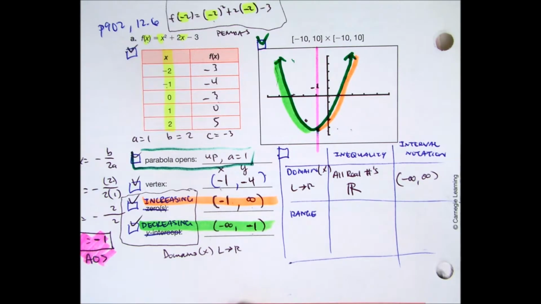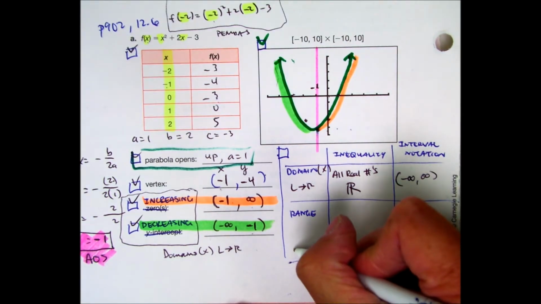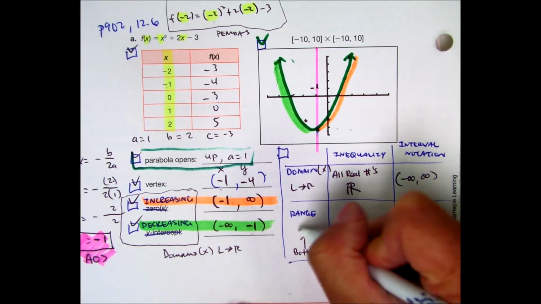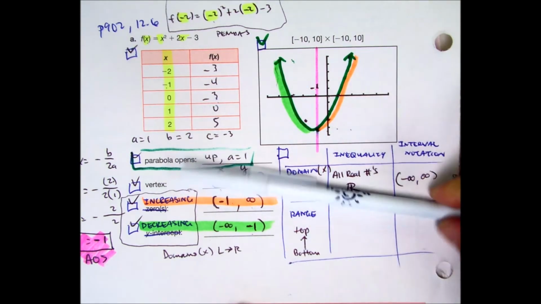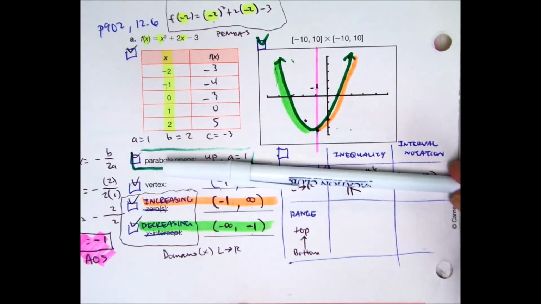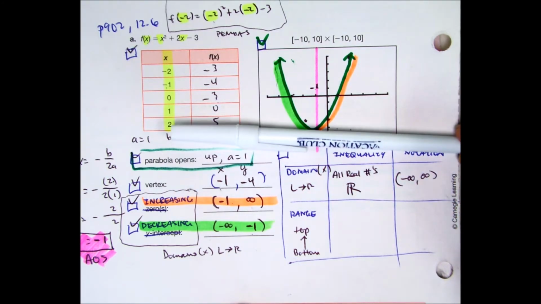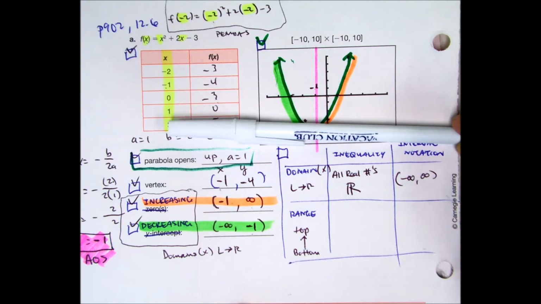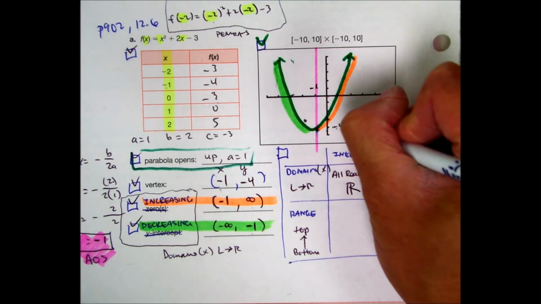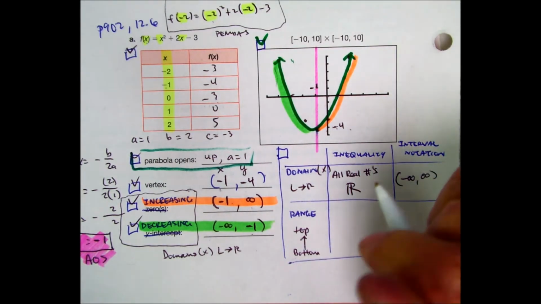Class, which direction is the range? Bottom to the top. Okay? Look at my pen. I'm not touching anything. Or disregard the pink line, right? I'm only worried about the green. I stop here. What number is that, class? That's -4. Are you paying attention?